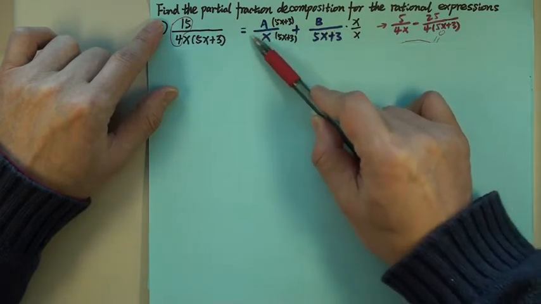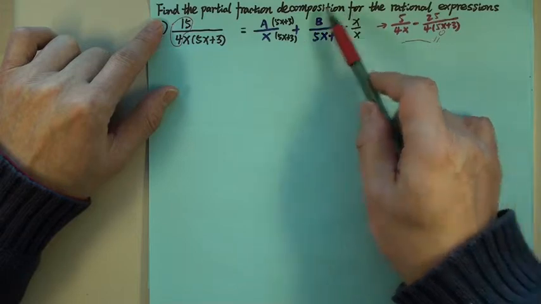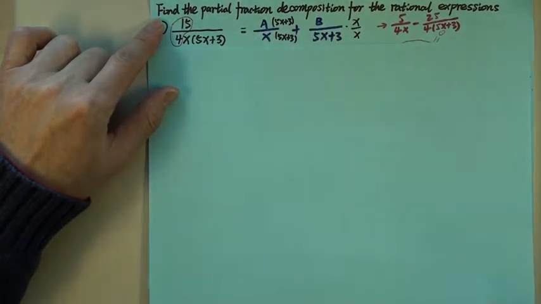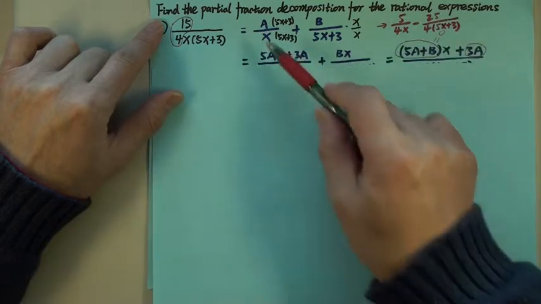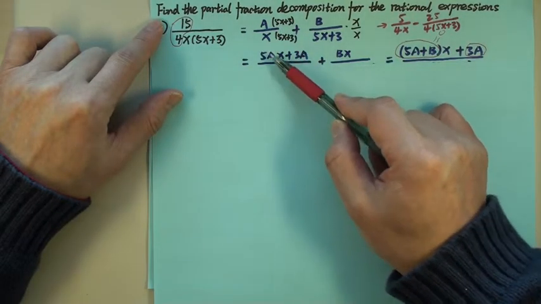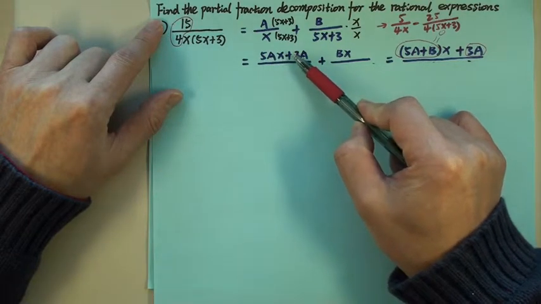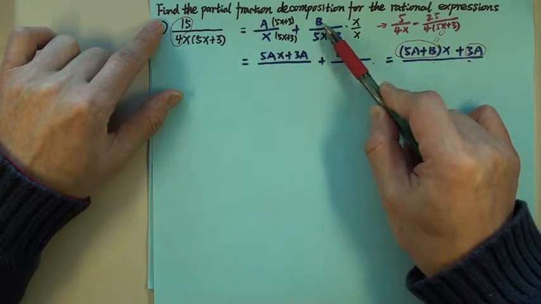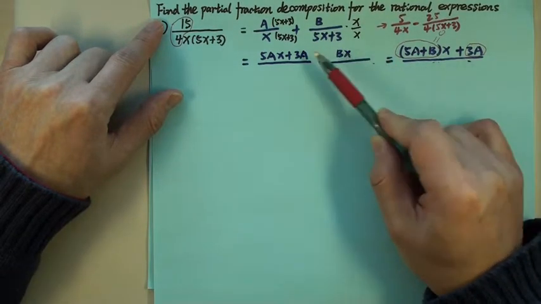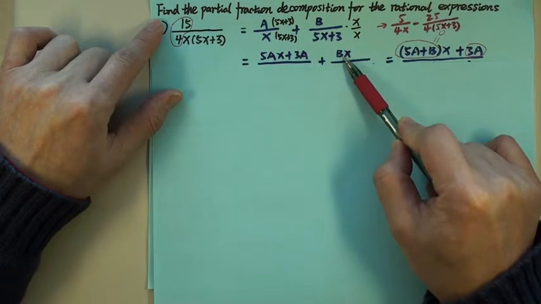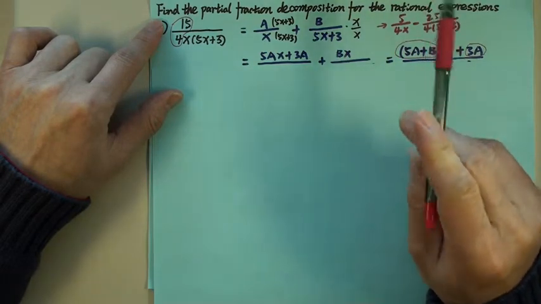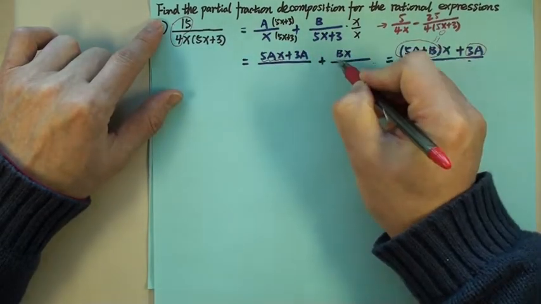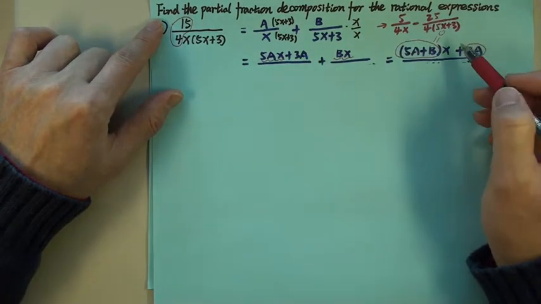Now, if they have the same denominator, then we can add the numerators together. For the first one, it is a times 5x plus 3, so you have 5ax plus 3a. The second one is just b times x. We add those two together: here is 5ax, and here is bx. They are like terms.